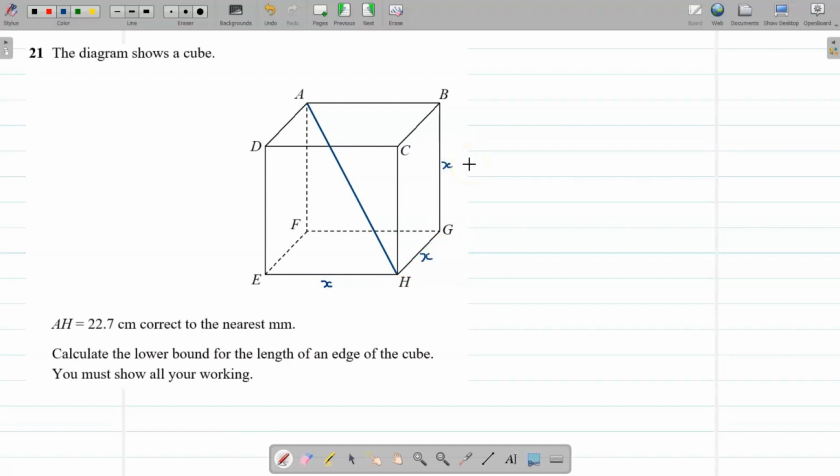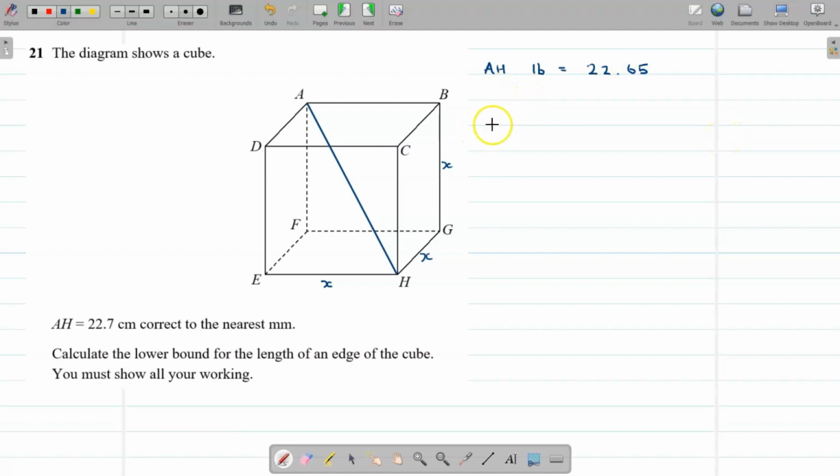To get the lowest possible length of the edge, that line must be the lower bound. So AH lower bound is equal to 22.65, and that's the number we must use in the calculation.